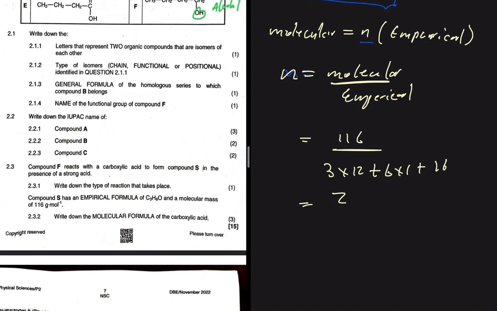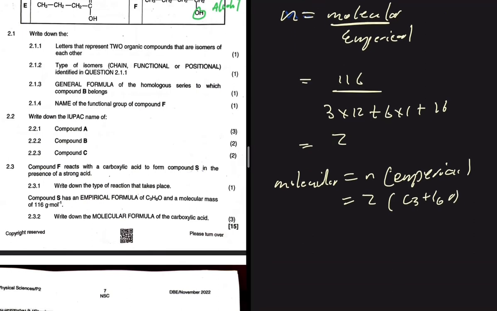So now we can say that the molecular formula is equal to N multiplied by the empirical, right? But we know that N is 2 and the empirical is C3H6O, right? So if we work that out, we're going to get C6H12O2.